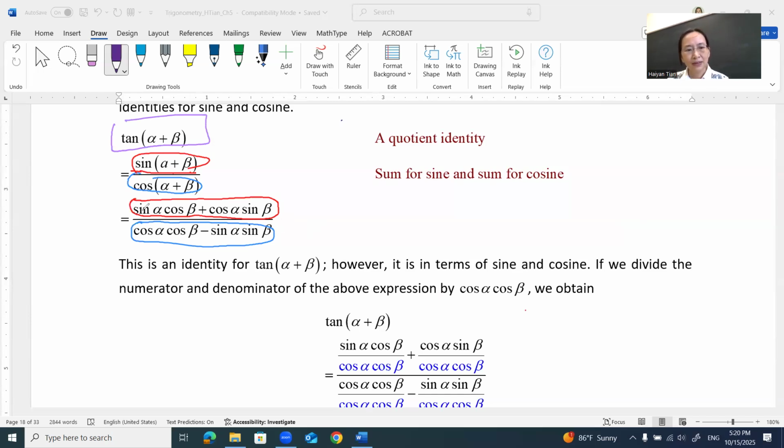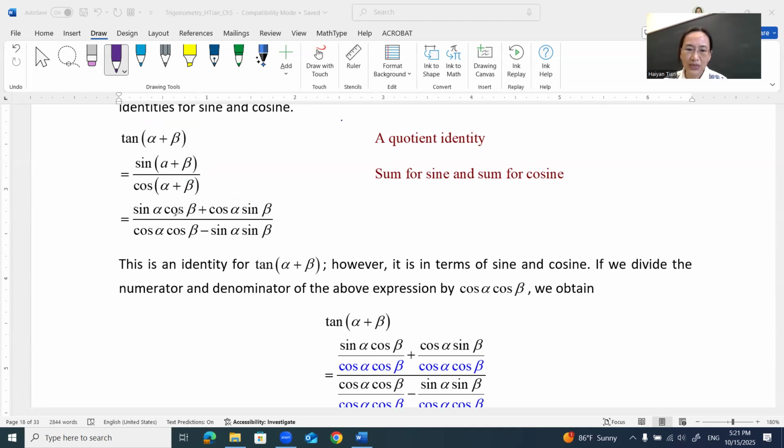But for the tangent of the sum, we hope we can use tangent of alpha and beta. Can we possibly get tangent of alpha and beta? So we look at the current version. It has sine and cosine of alpha and beta.